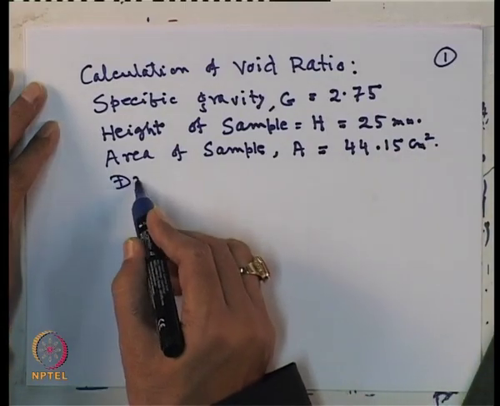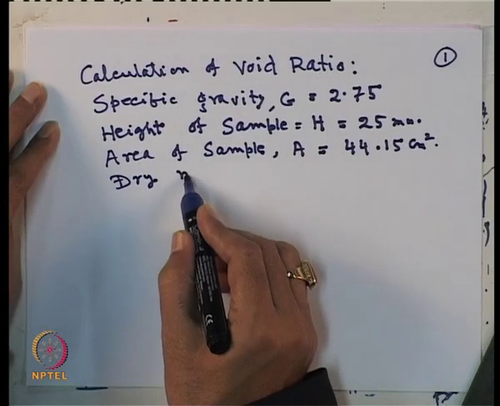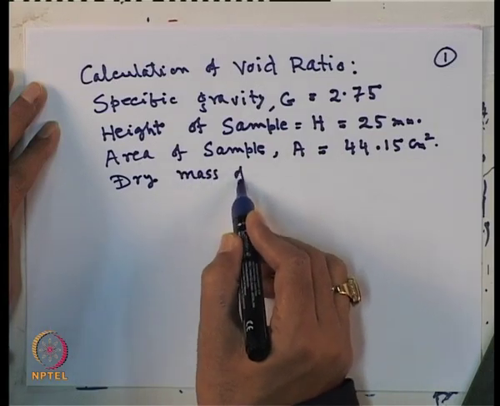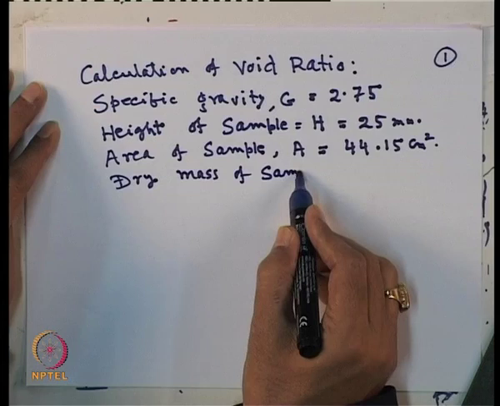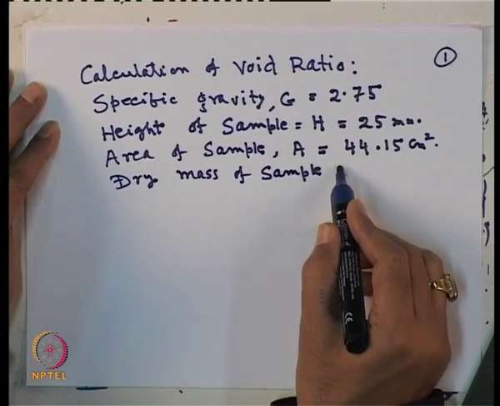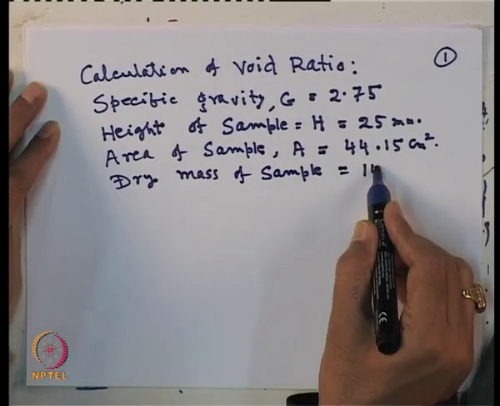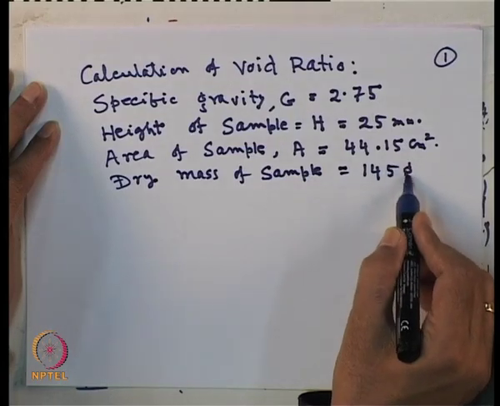You can calculate what should be the dry mass of the sample. Let us say the dry mass of the sample is equal to 145 gram.